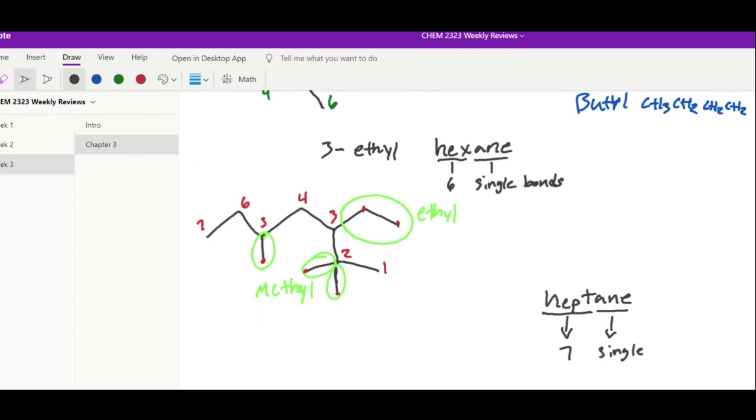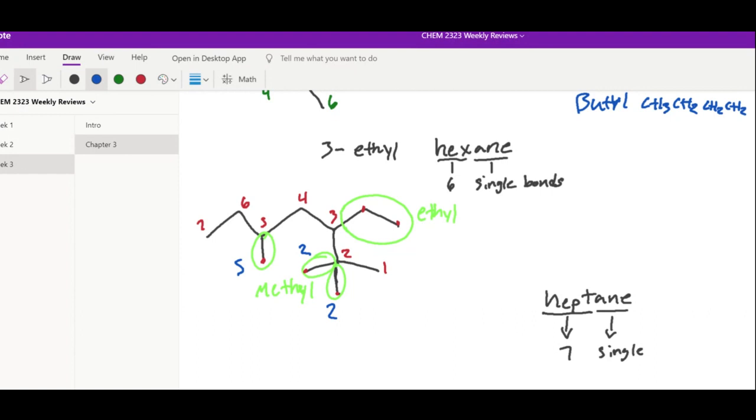Okay, so we have to name all 4 substituents, and if we have the same substituents on different carbons, or even on the same carbon, we are going to group those together. So I have 3 methyls, right? I'm going to put a number on all 3 methyls. So these 2 methyls are carbon 2, and this is carbon 5.